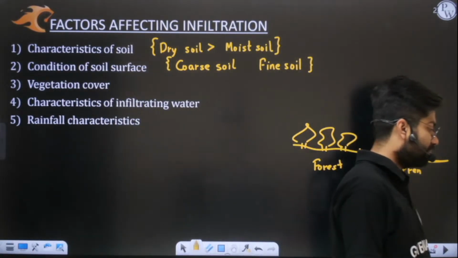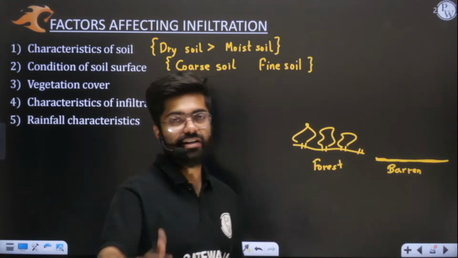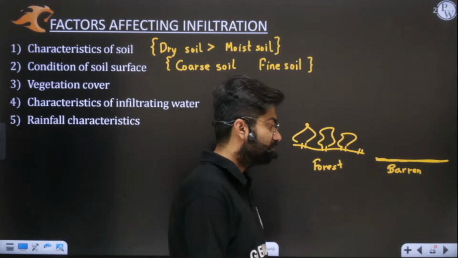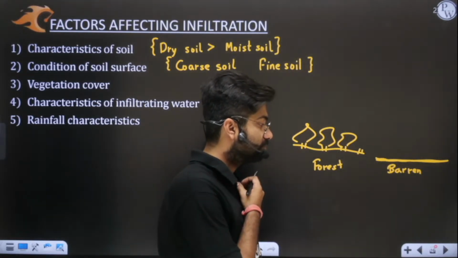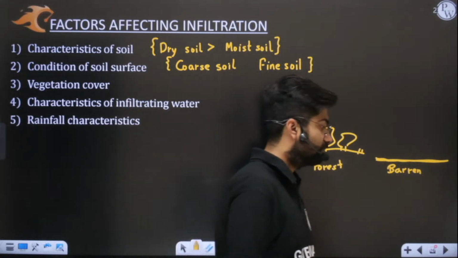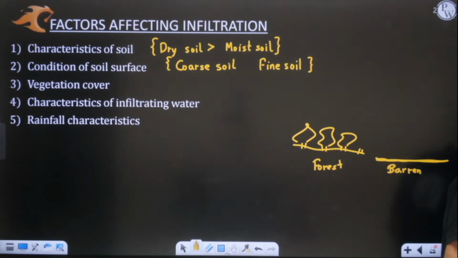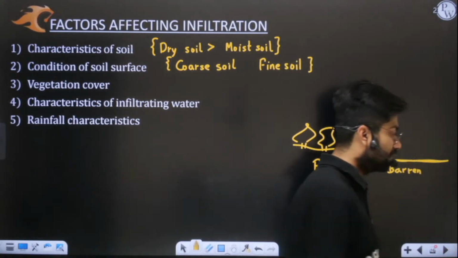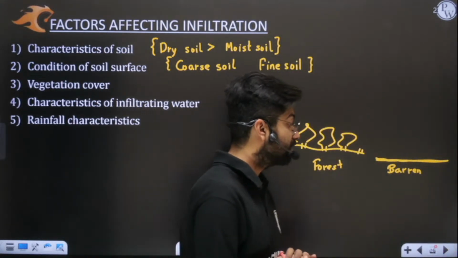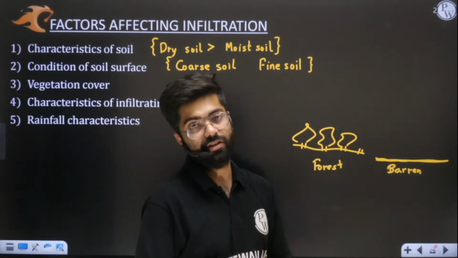Everyone else also tell me where you will experience more infiltration. Barren lands have high runoff. Great. Kiran and Manjusha are thinking that barren land will experience more infiltration, but you are wrong here. So Sushil is right.